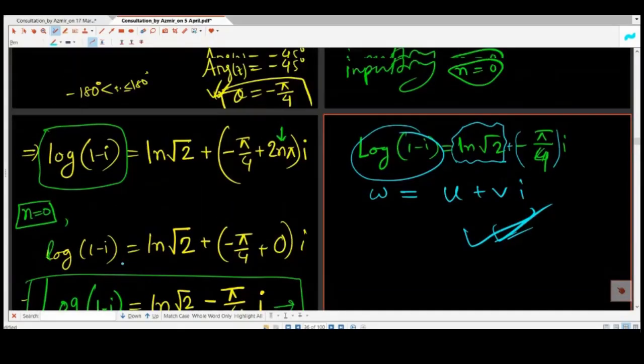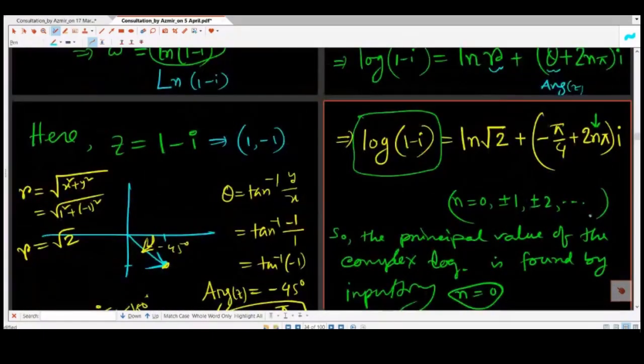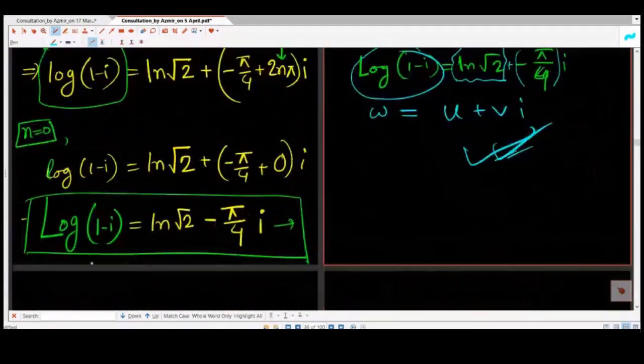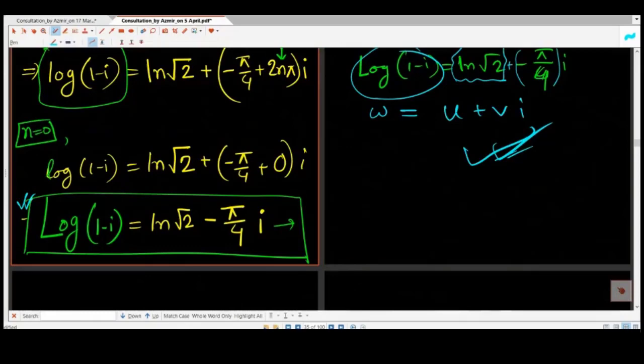So out of all the multiple valued functions, we have found one single branch. This is a single valued function. We know that multiple valued functions are not analytic but can be made analytic.